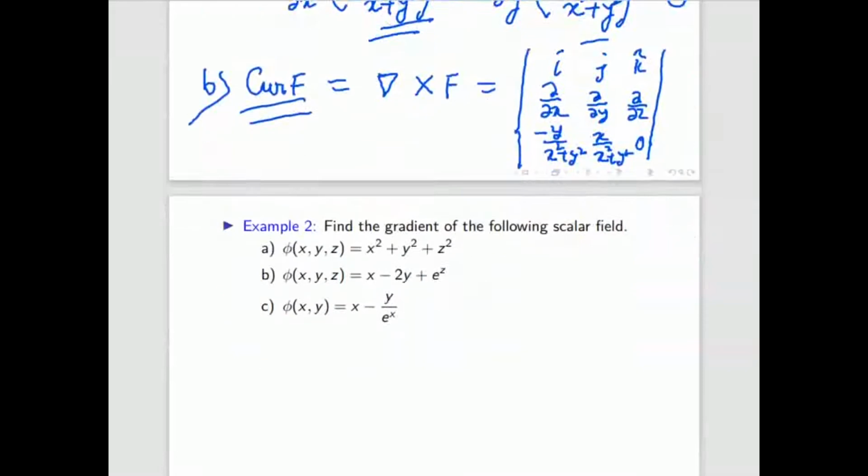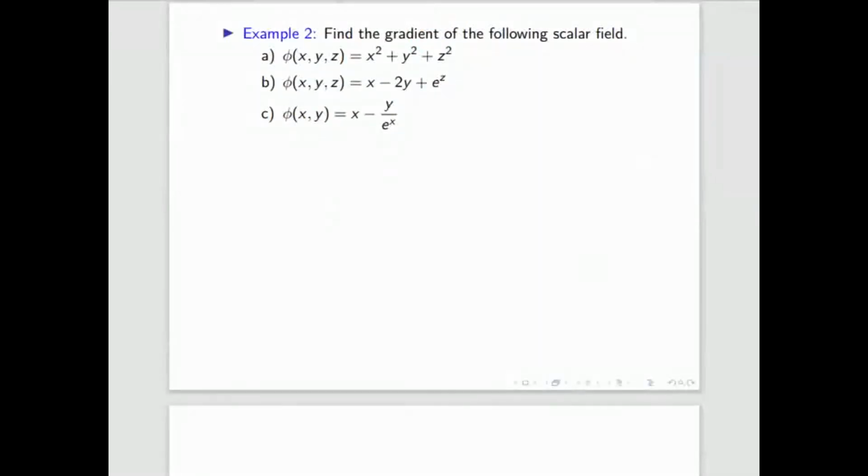So now the next example is you have to find the gradient of a scalar field. So these are the three examples. We'll do them one by one. The gradient of phi means the same as del phi.